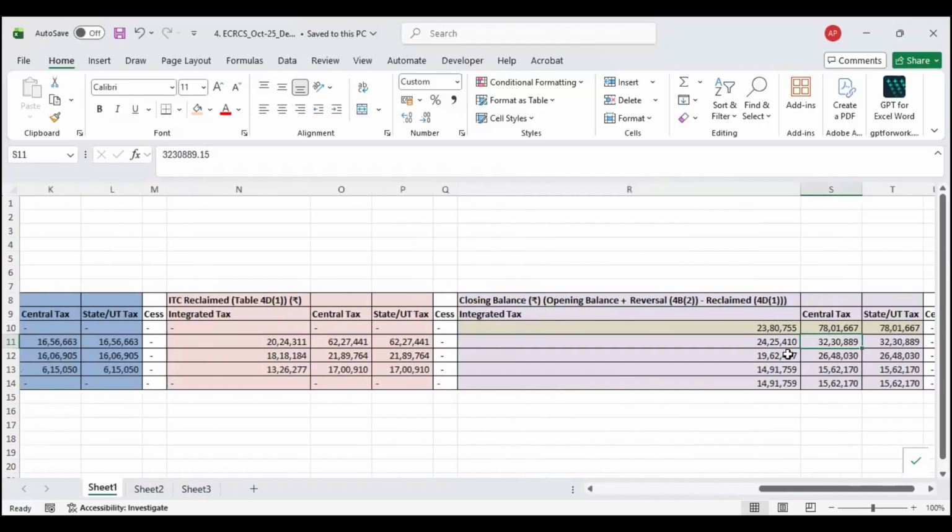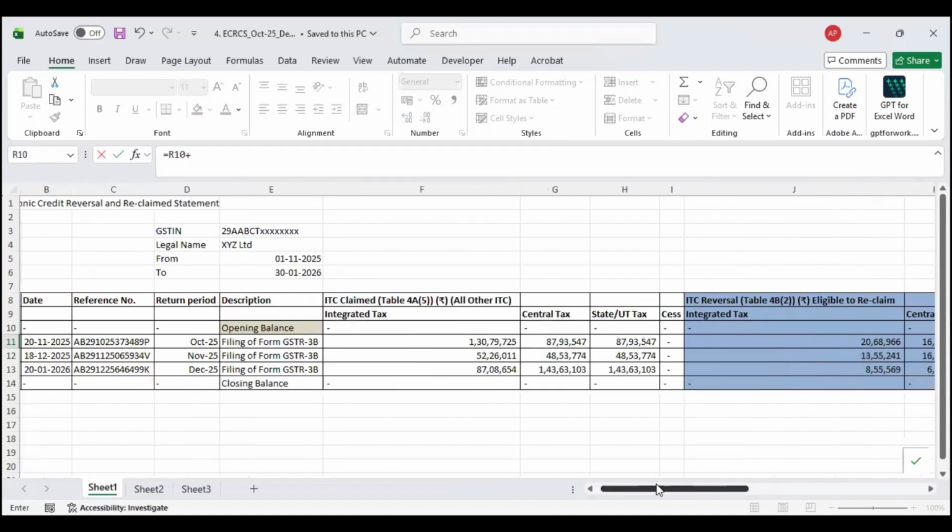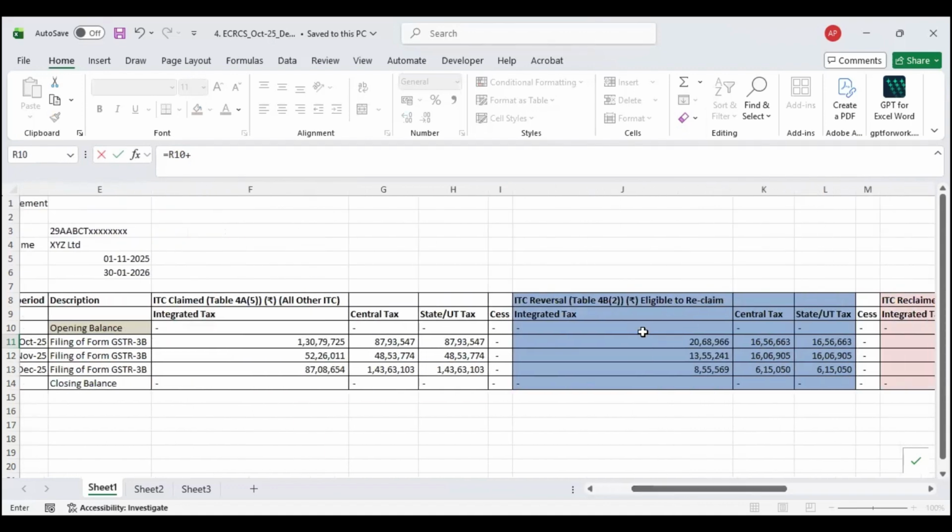So to cross check this, let's have a formula. So my opening balance, IGST, already available in the store, 23 lakhs. My entry to this credit ledger will happen through 4B2 or 4D1 or 4A5. Entry into the credit ledger comes through 4B2. I don't want the credit, right? So here 4B2 for the month is 20 lakhs.